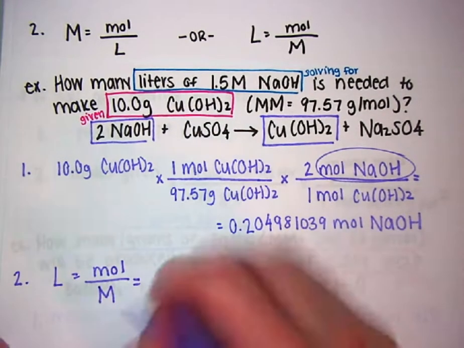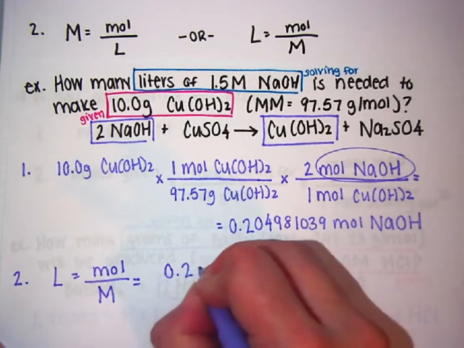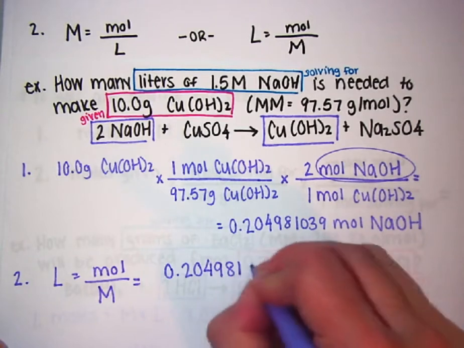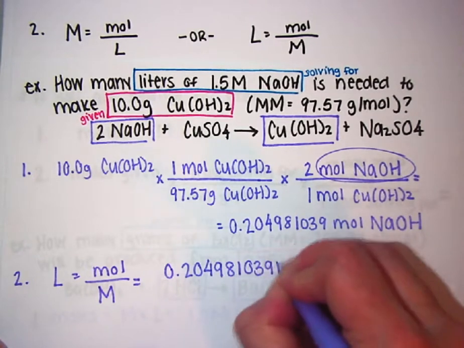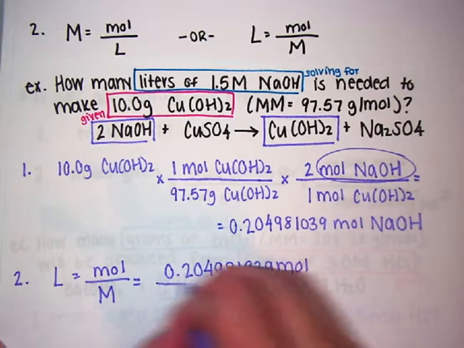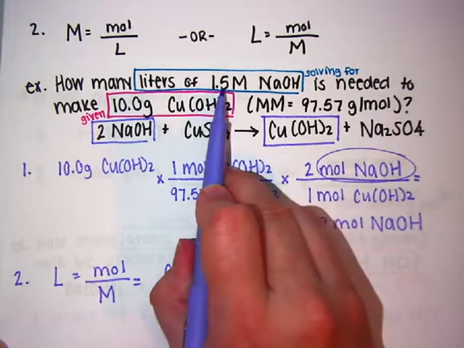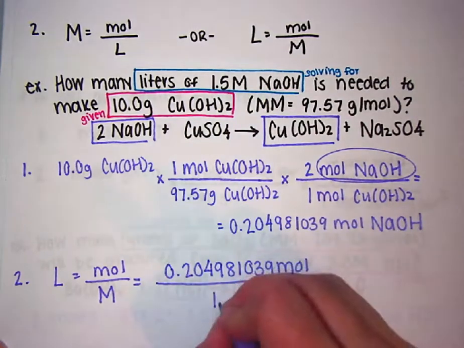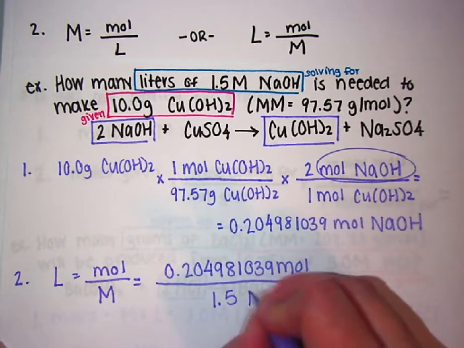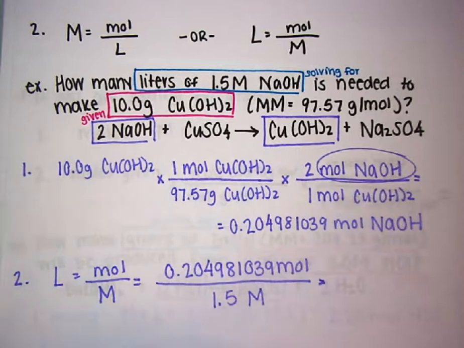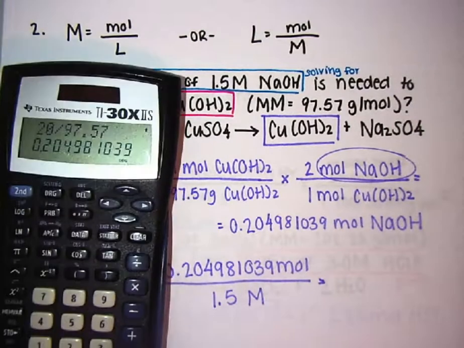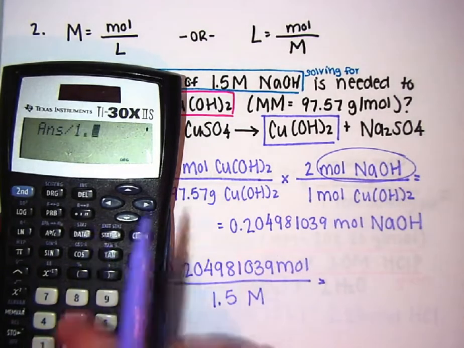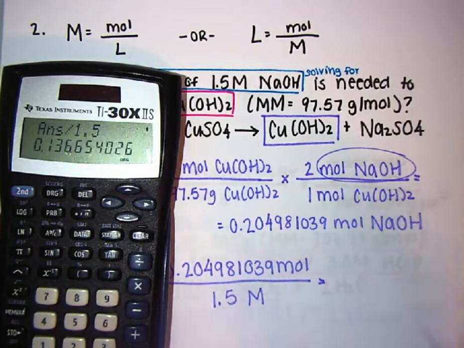So I'm going to take the number of moles that I just calculated, and if I look back in my problem, I was given the molarity of NaOH, 1.5 molar. So I'm going to keep this number in my calculator. This is the number of moles from step 1. I'm going to divide by the molarity.